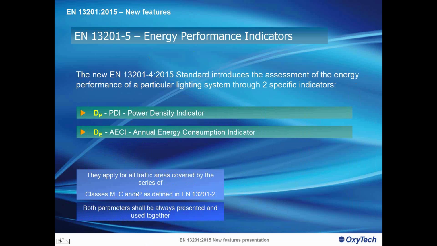These parameters must be applied for all traffic areas covered by the series of classes M, C, and P. So the classes for the road, for the carriageway, and for the conflict areas, and for the P classes. And it is interesting to say that these parameters must be presented together, and you cannot supply a single one without considering the other one.